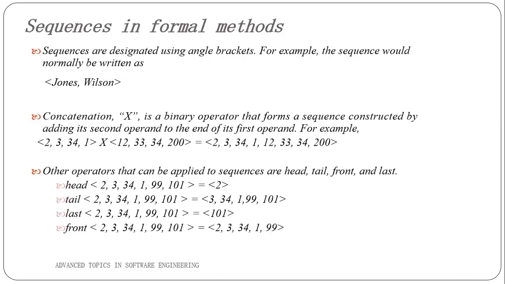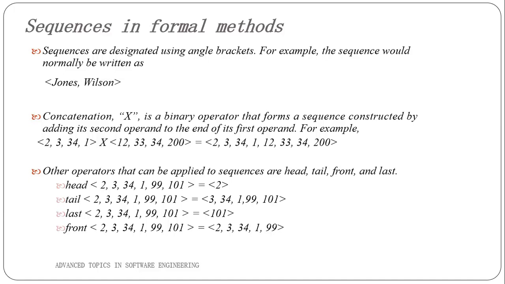For example, the one sequence in this is 2, 3, 34 and 1, and the second sequence in this is 12, 33, 34 and 200. So we can concatenate these particular two sequences by the use of concatenation operator. Then we get the result as 2, 3, 34, 1, 12, 33, 34 and 200.